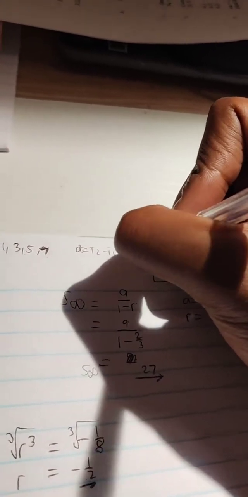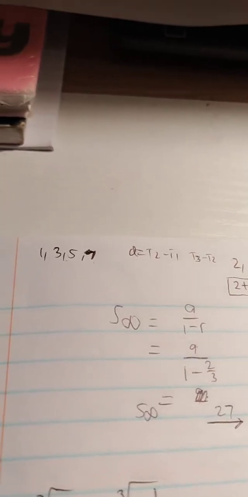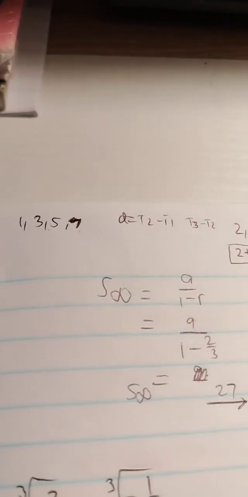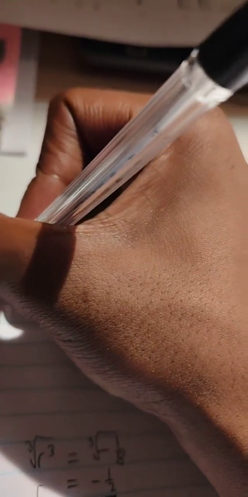In other words, if you take T2 and subtract T1, and you confirm it by checking T3 minus T2, you are going to find that the value is the same. There's a constant first difference, all right? And so we call this an arithmetic sequence.